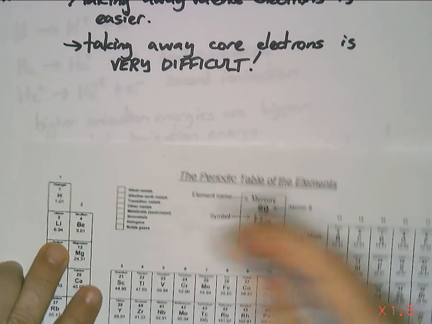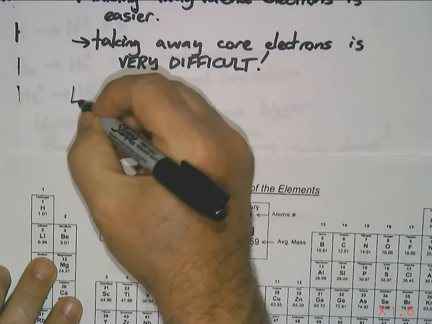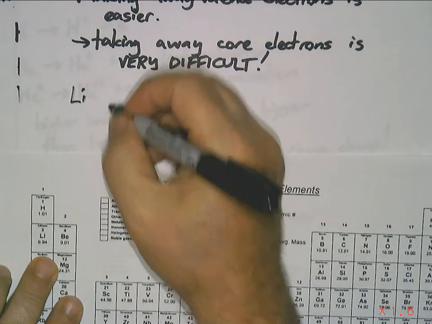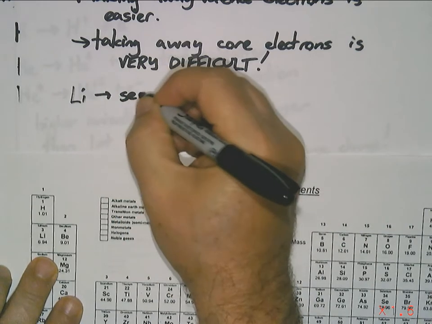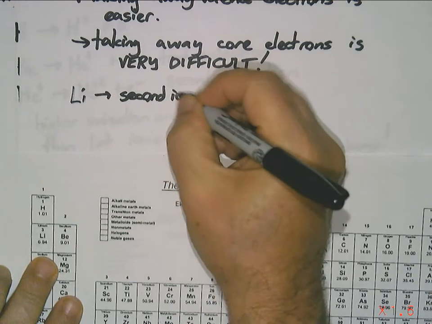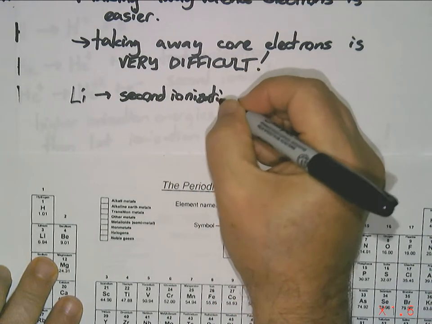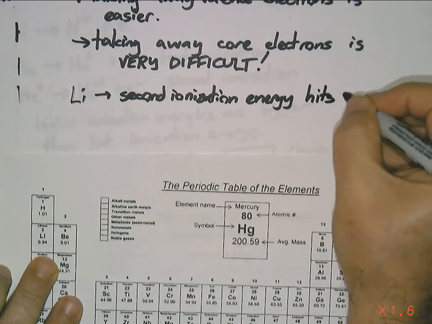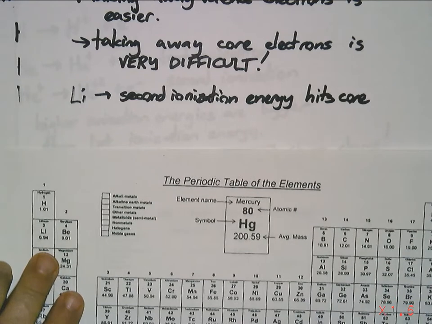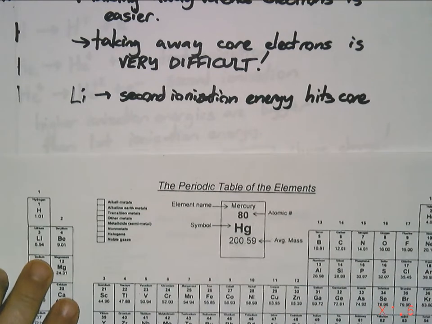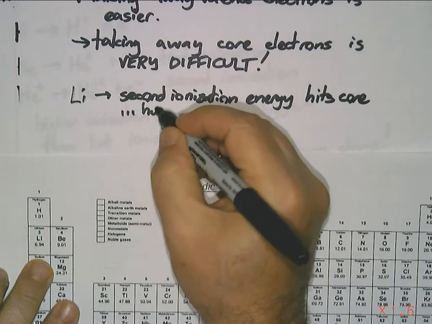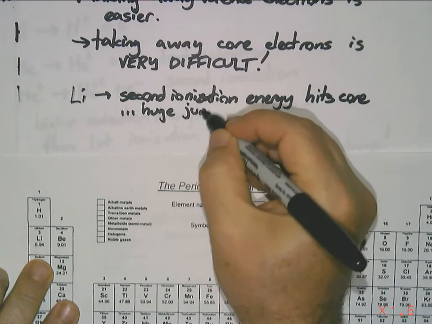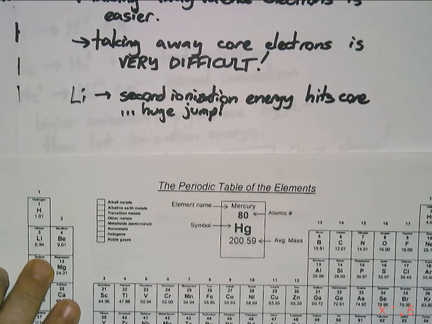If you are looking at lithium, we said the second ionization energy hits the core. So you see a huge jump in the second ionization energy, between the first and the second, because you're hitting the core.